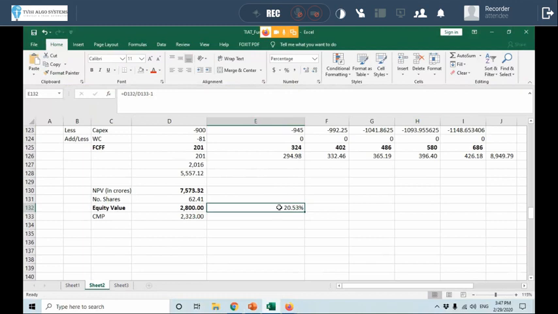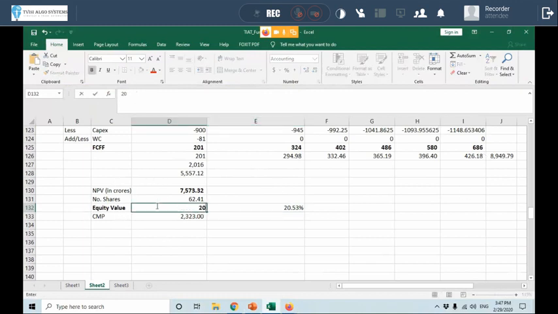Suppose through this model you are getting a value of 2000. Now your assumption is this stock is overvalued. The fair value of the stock is 2000 rupees. This is how you arrive at fair value.